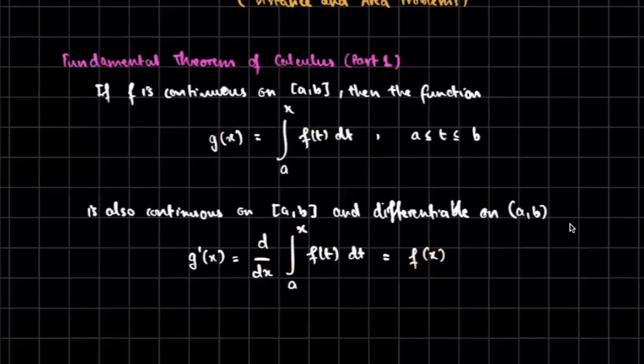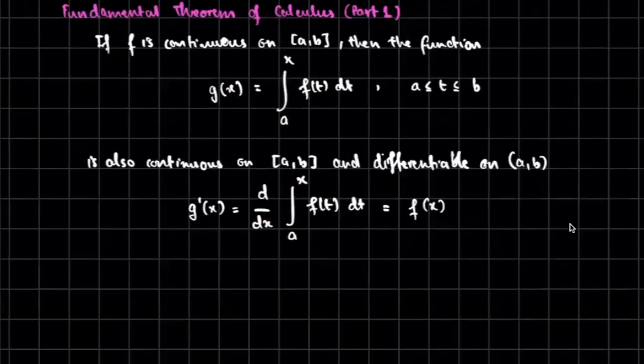So a few things here when you have this type of formula. The notations, or the variable that you want to work with right here, have to be the same. So this x and this upper limit of integration have to be the same, so it should be the same as g of x and g prime of x. They have to be the same in order for the theorem to work.